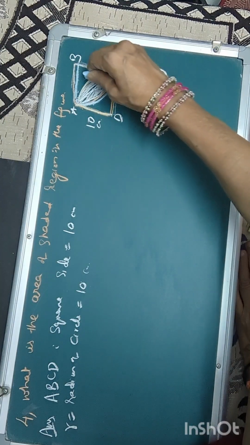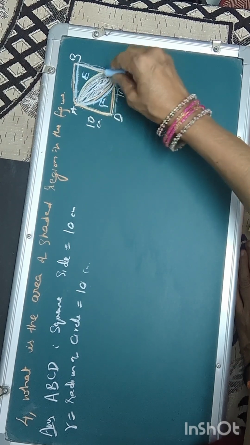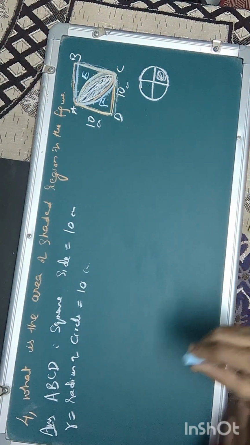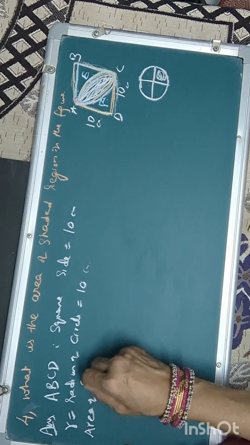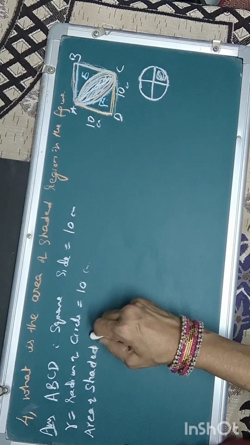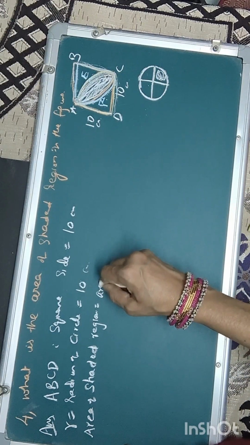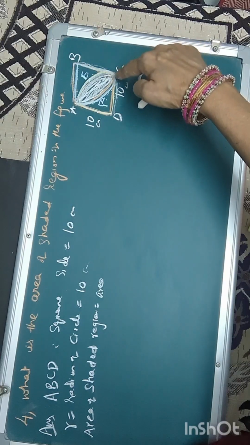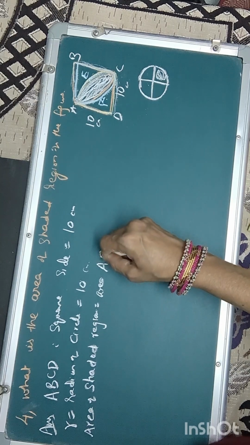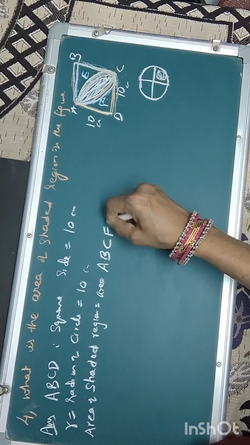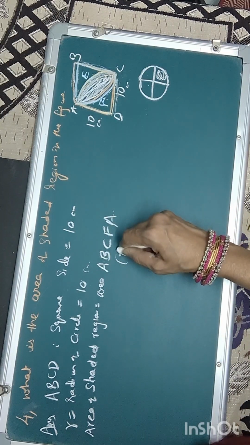So A, B, C, D, we write E and F. Let us think that this is point E and this is point F. So area of shaded region is equal to area of A, B, C, F, A quadrant, which is one quadrant.